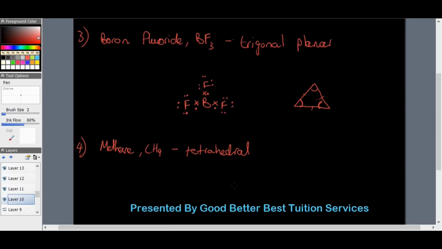Basically, if I had to draw the Lewis structure, the diagram is only two-dimensional, so we cannot show the three-dimensional tetrahedral arrangement, but we still draw the electron pairs as far from each other as possible when we draw the Lewis structure.